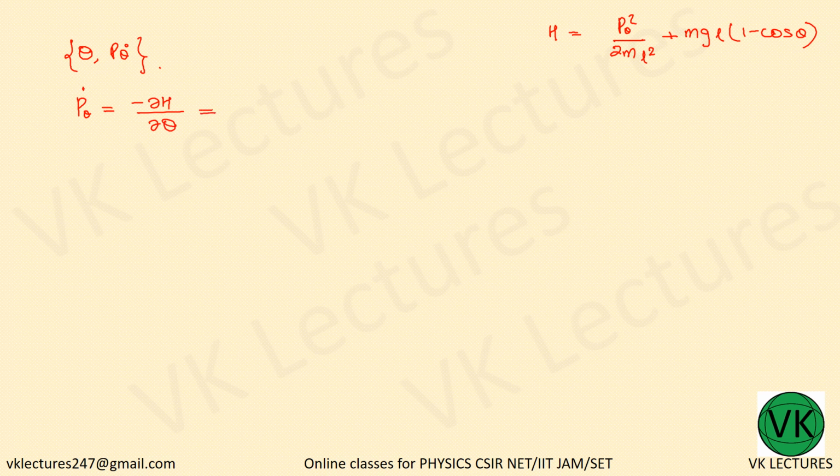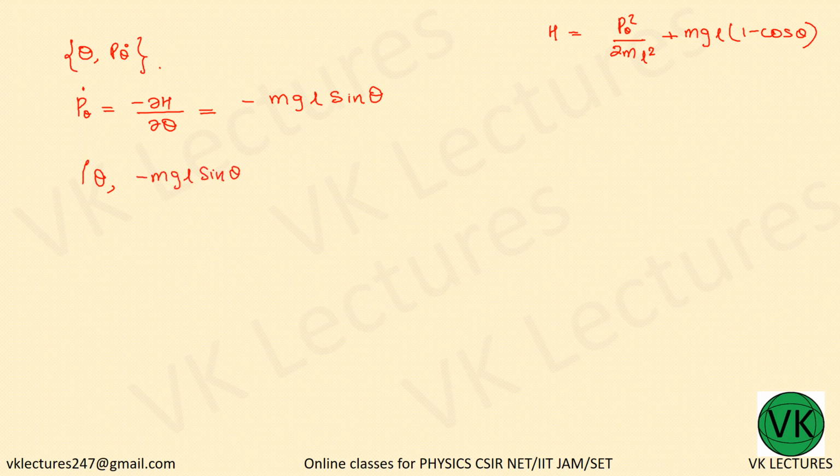The first term doesn't contain theta, so the derivative is mgl sin theta. With the minus sign, p theta dot is minus mgl sin theta. Now theta comma p theta dot is nothing but minus mgl sin theta.